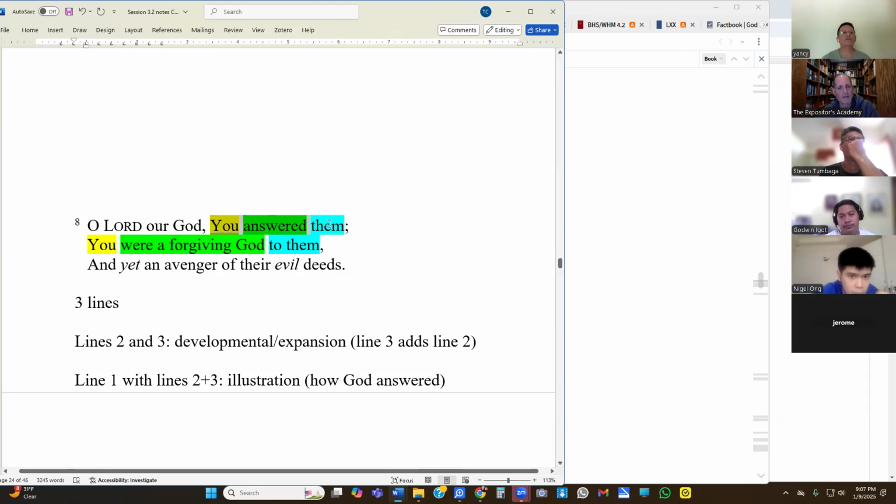The first line is saying that God answered them. So it's an active transitive verb that has an object. But the second line is descriptive, right? You were a forgiving God. I think that's a little different. So I would see lines 2 and 3 developing line 1 and giving an explanation of line 1, showing how God answered. That's my opinion.